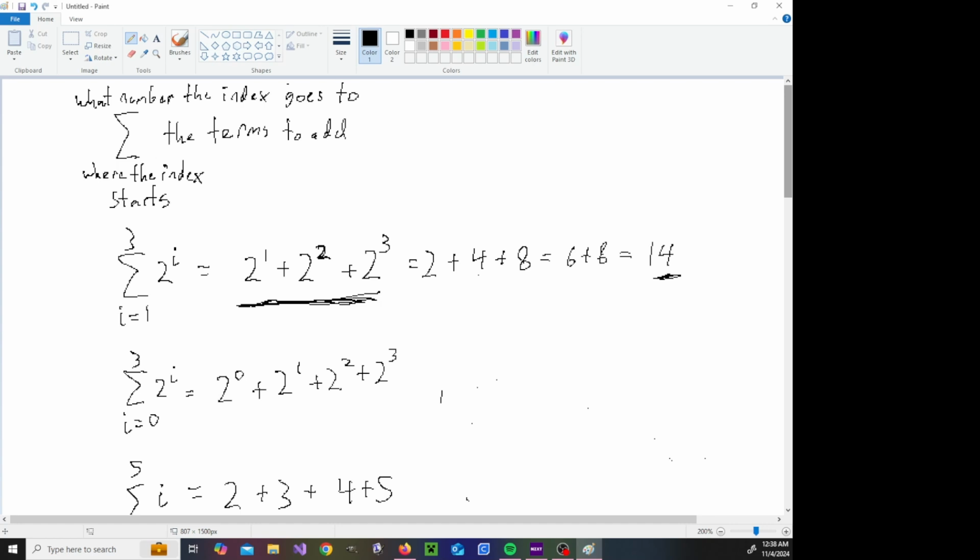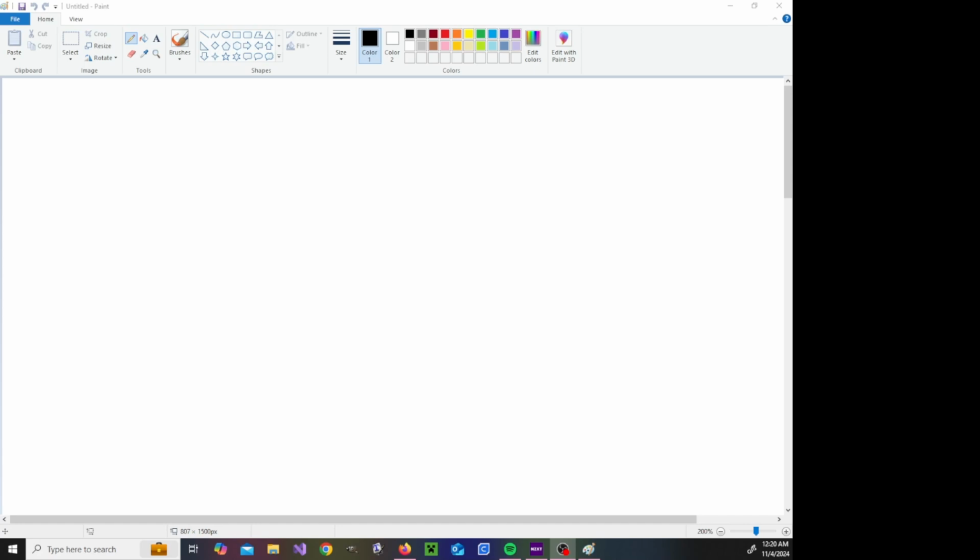So brace yourself, I guess is what I'm saying, for the kind of stuff we're going to do with sigma notation. So this is 4.1, and we're starting to talk about something that we like to call the area problem.